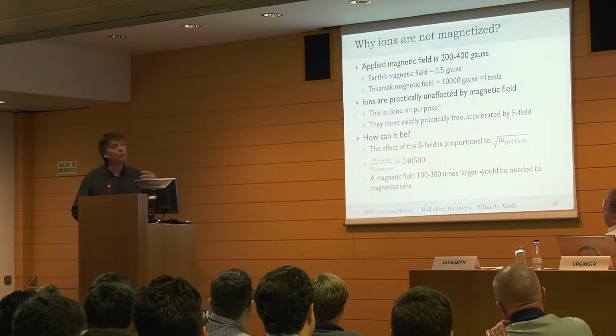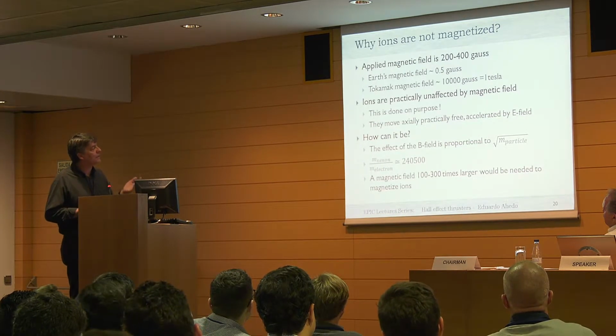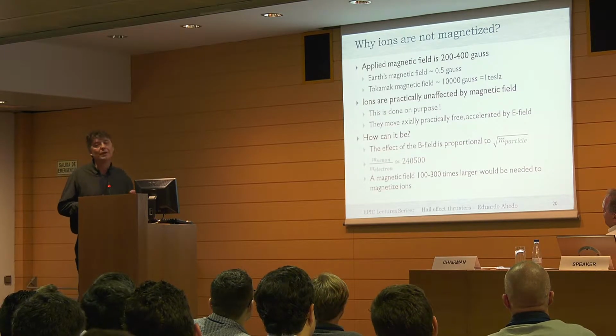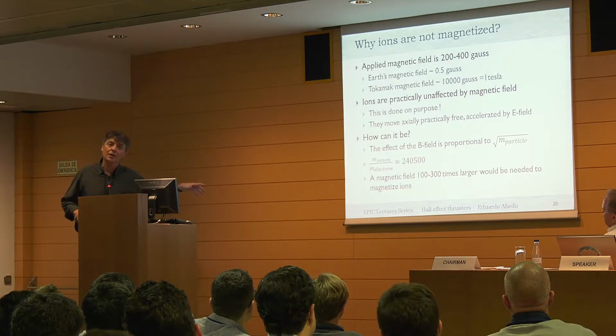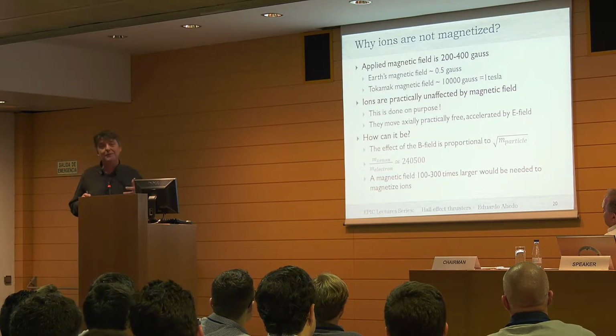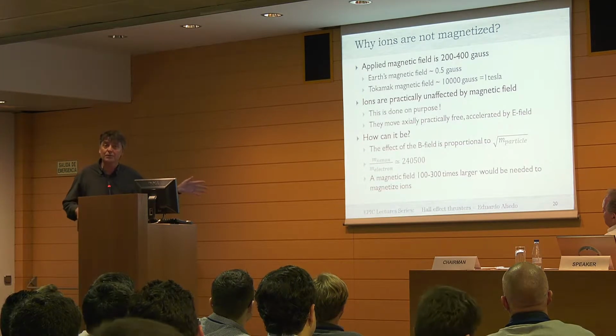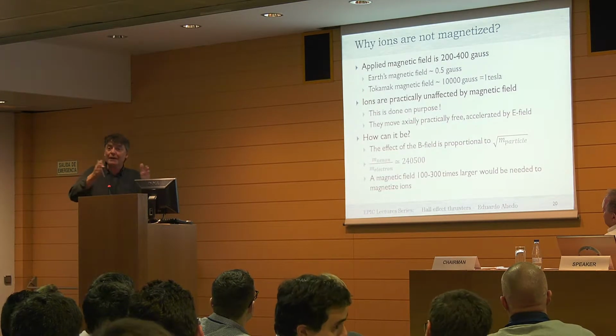So if we want to have the ions magnetized, we need magnetic fields that are 300 times larger to have the same effect that they have on the electrons, okay? So we need magnetic fields of the order that are used in the tokamak. Now, in the tokamak, ions are magnetized, okay? But not here. We don't want them here, okay? So we have there a nice range where we can have one of them magnetized and the other not.